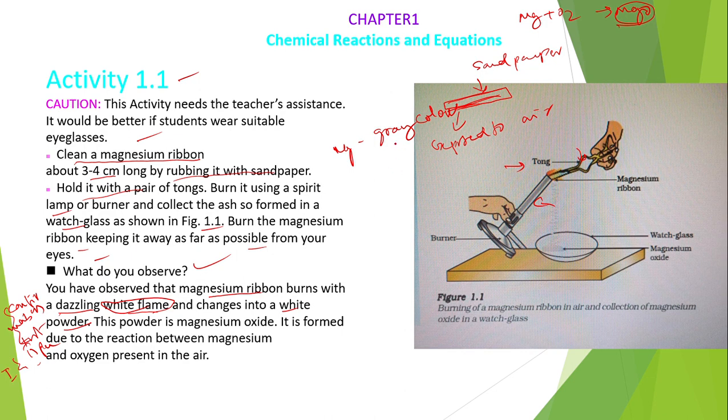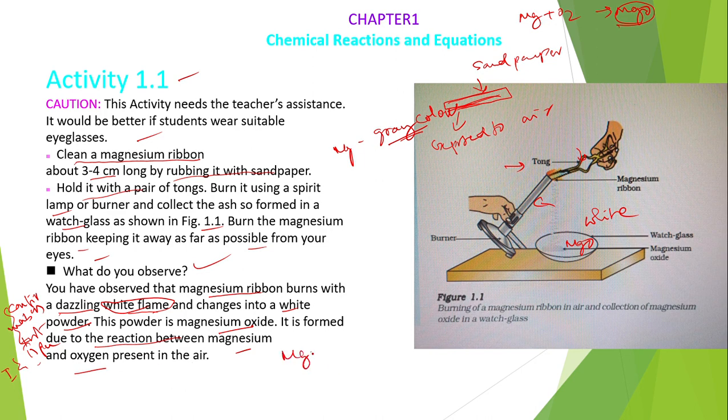See here, magnesium is actually grey color. What are you getting? You are getting white color powder. This powder is magnesium oxide, MgO. It is formed due to the reaction between magnesium and oxygen present in the air.